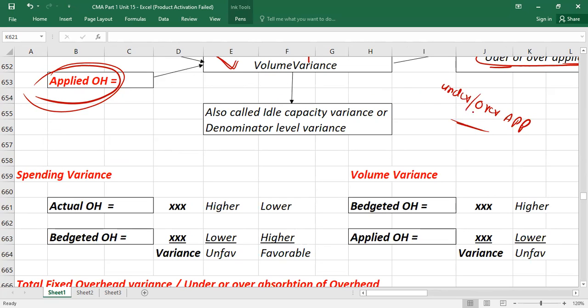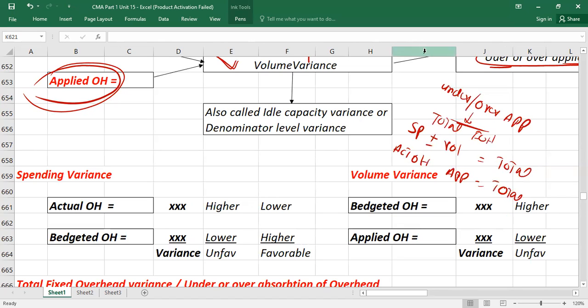I'm asking you to find which variance? Total variance, total fixed overhead variance. How will you get it? What was the first way? Take spending variance plus minus volume variance. This will give you total variance. And what was the second way I told you? The difference of the first line, which is actual overhead, and the last line, applied overhead. This will also give you the same total answer.